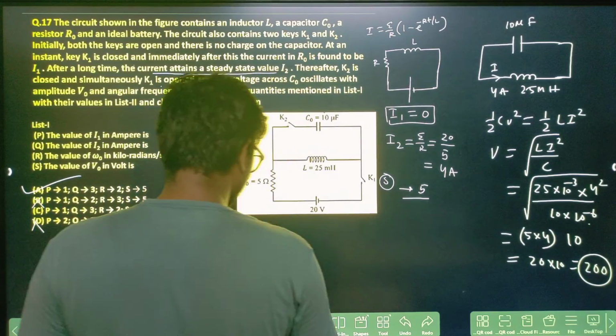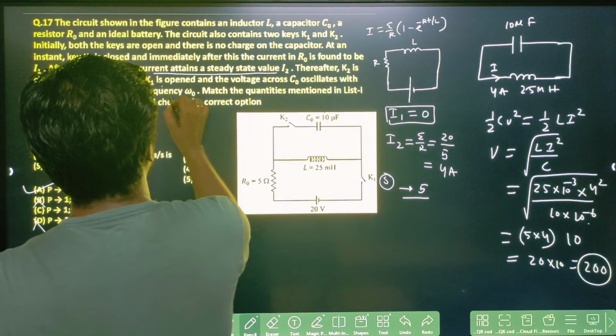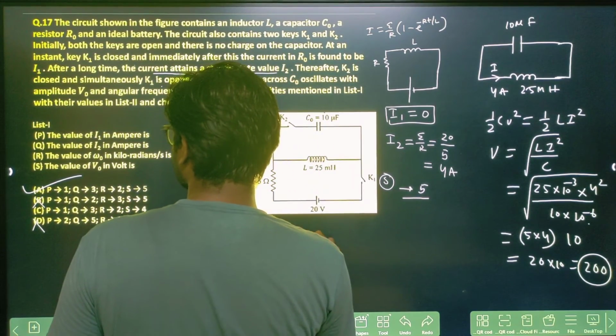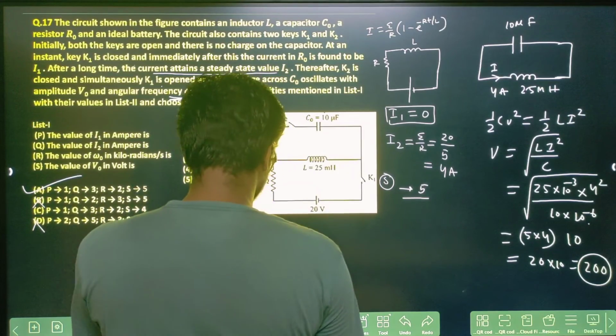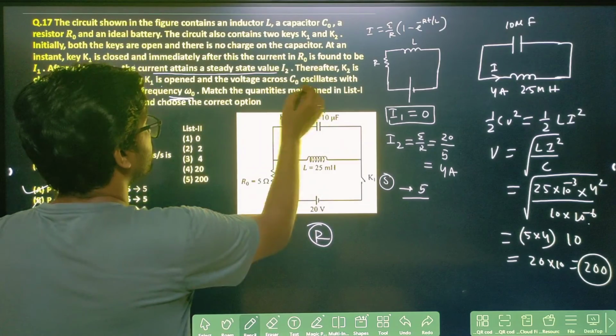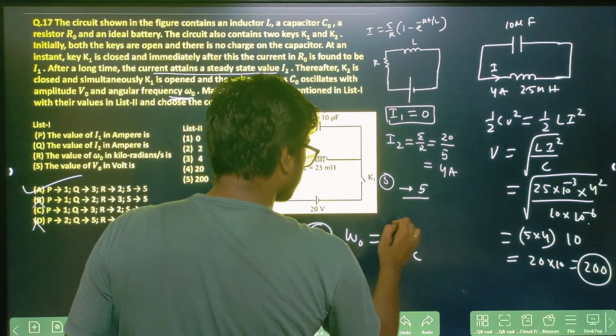They are asking for the omega naught of the LC circuit, right? For the LC circuit they are asking omega, because it oscillates, they are telling omega naught. So omega naught equals obviously 1 by the square root of LC.